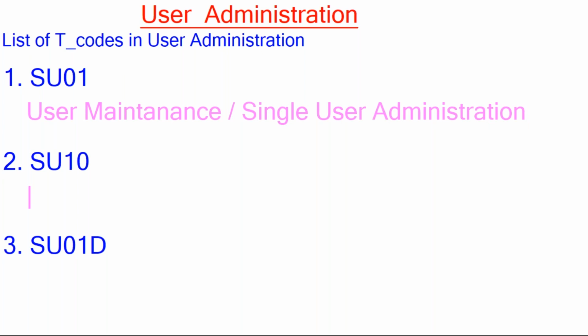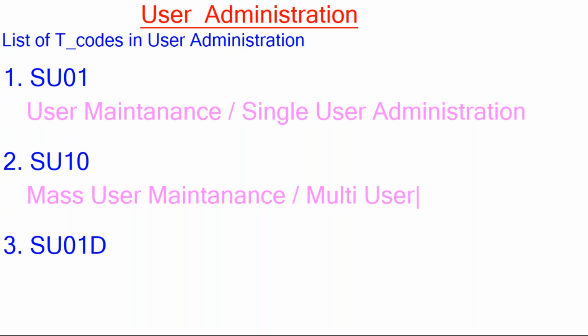SU10, this is mass user maintenance, also called multi-user administration. SU01D, this is the transaction code for user display. So these are the three T codes in user administration.